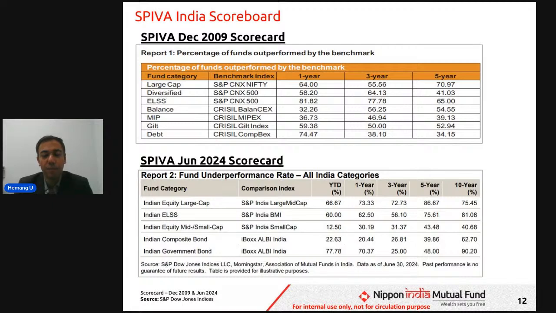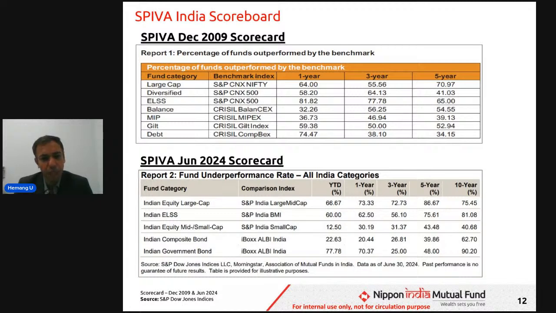Once you expand that horizon to a 3 year period or 5 year period, way back in 2009, that percentage goes up. So if I take a 5 year horizon, 70% of large cap funds underperform the index, or the other way around, the index outperforms the funds, the benchmark outperformed the funds.